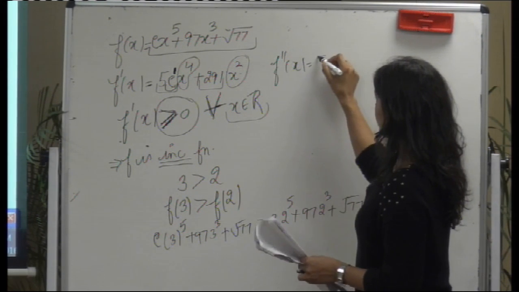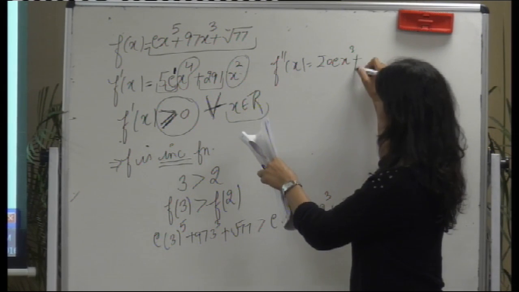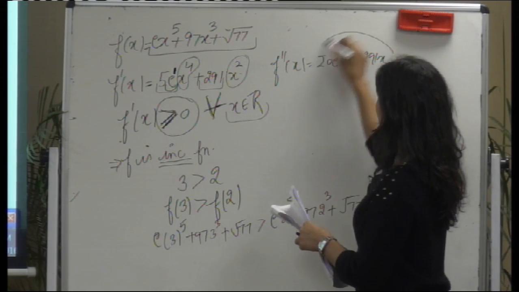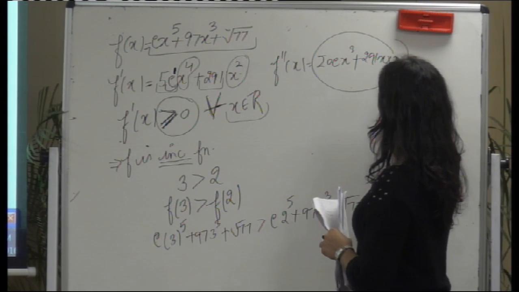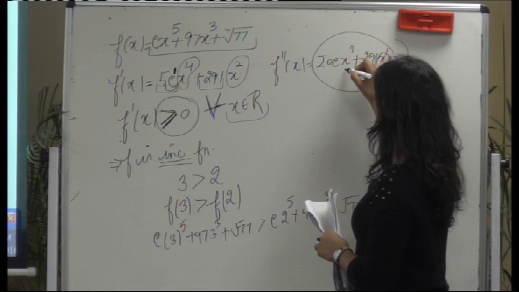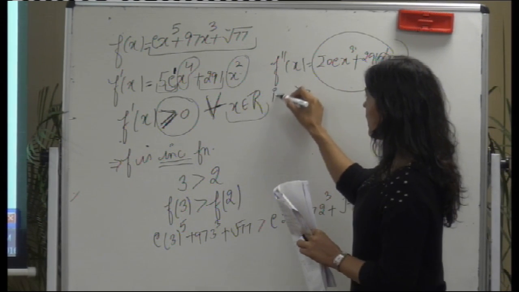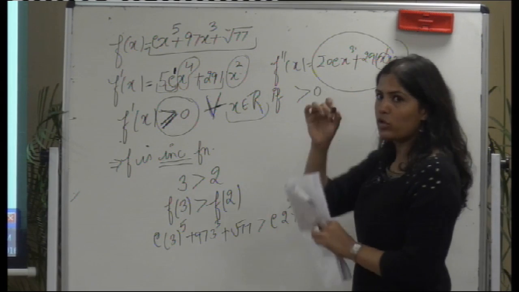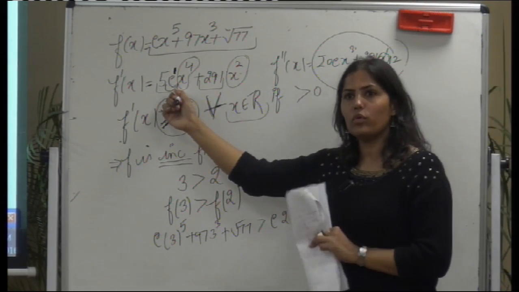You see, it will be 20e x cube and then 291x. Yes, 291 into 2, so power is 1, power is 3. If it is this, then you can say that least value will be f of 0, which is 0.